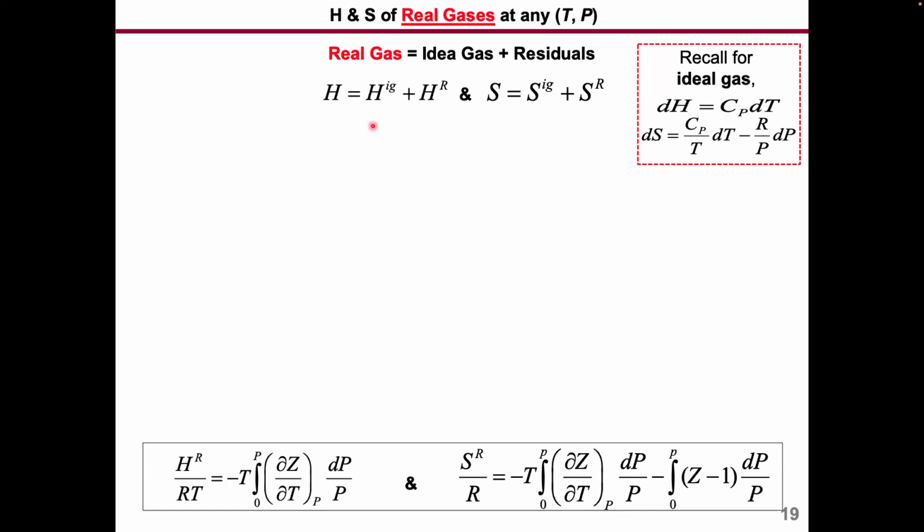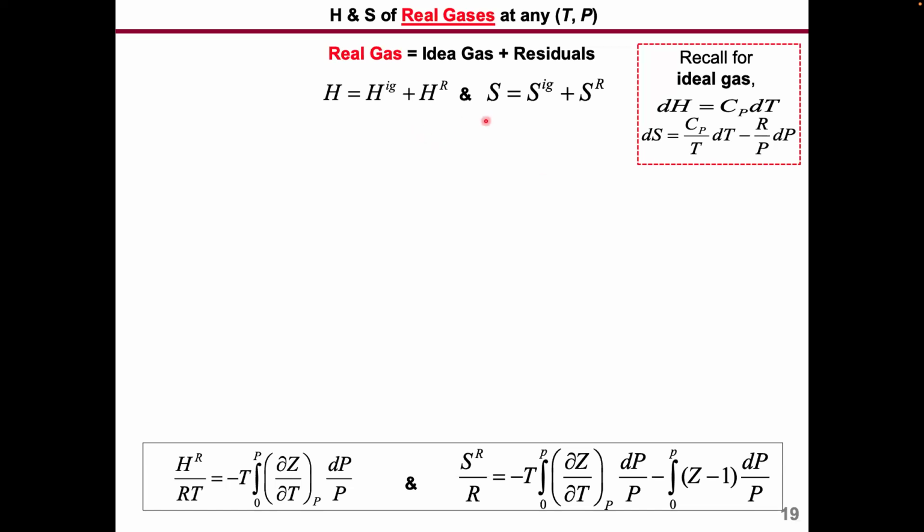Now, you also want to recall these equations from the previous slide. dH is equal to Cp dT for ideal gas. dS is equal to Cp divided by T dT minus R divided by P dP. So this is for ideal gas, how the enthalpy changes with temperature, and entropy changes with temperature and pressure.